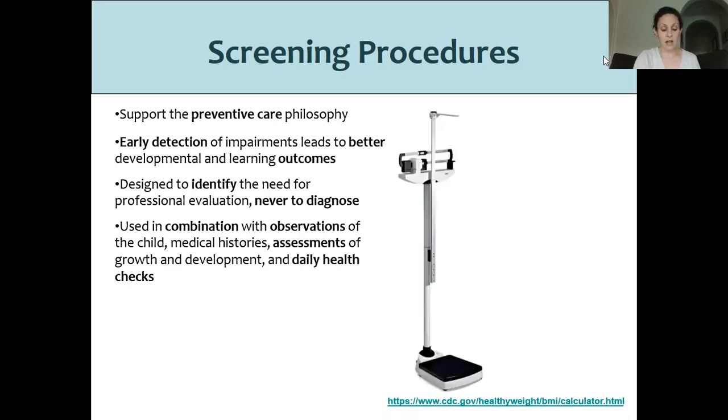So we see doctors using other types of screening procedures, typically height and weight, to make sure they stay on that growth curve. That's important. Their body should be developing at a certain rate and be within certain parameters for that to be a healthy range.